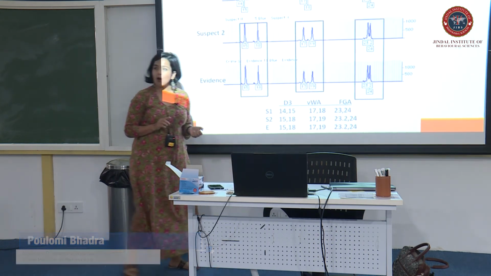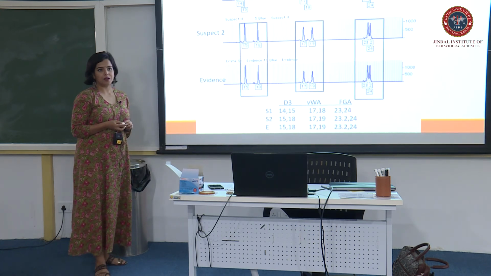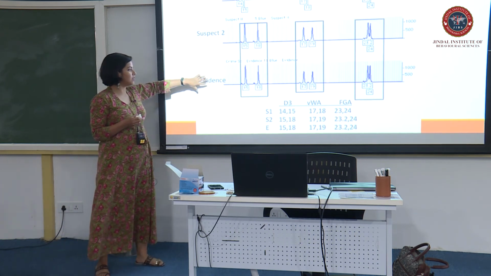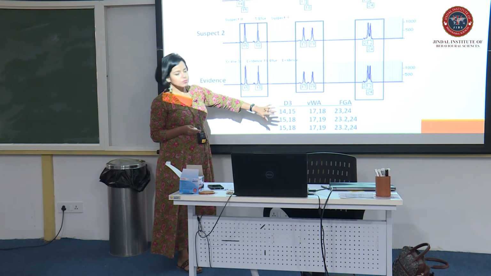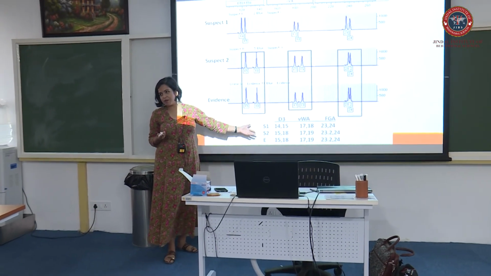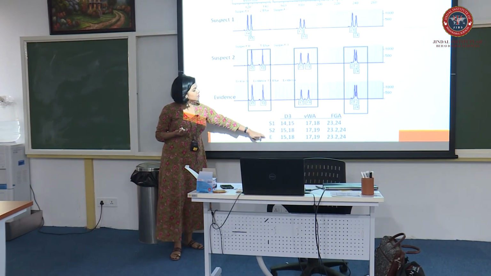And this is how a matched profile looks. Okay? So you have two suspects and this is what your evidence says. You make a table like this and you get a profile. So which one clearly matches? Which are the two numbers that clearly match the evidence?